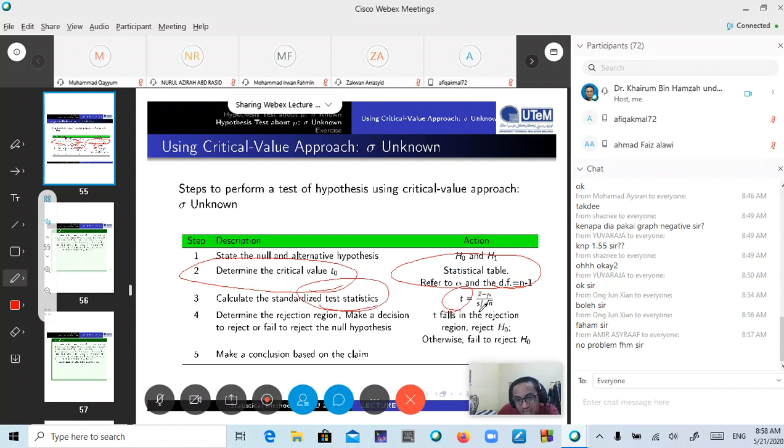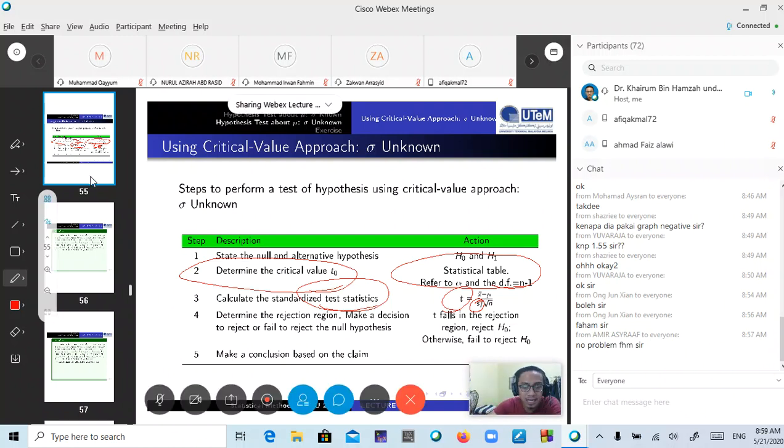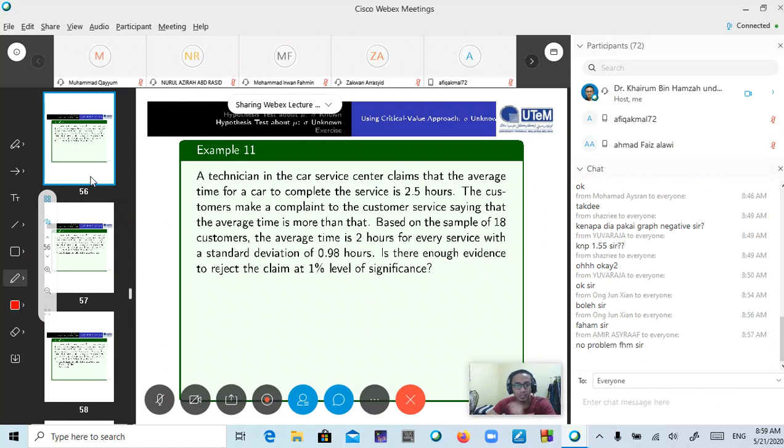When you use T, this one is not sigma, but S. Cara nak buat rejection, sama sahaja decision dia. Okay, if your T calculation falls on the rejection region, so we reject H0. If your T calculation do not fall on the rejection region, fail to reject H0. Benda sama sahaja.